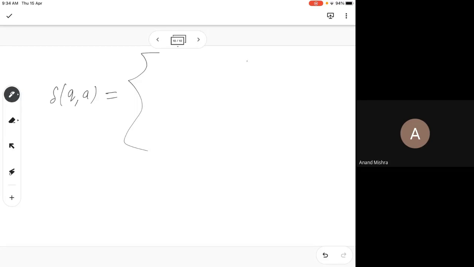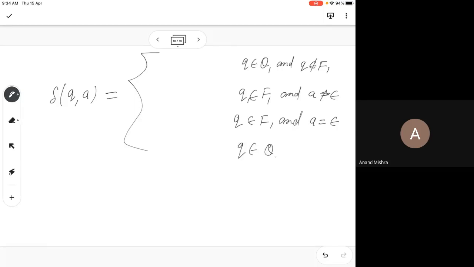One case is you are in Q1 and q is not a final state. Another is q is a final state and your a is not null. Another is q is a final state and your a is null. And another is your q is in Q2.